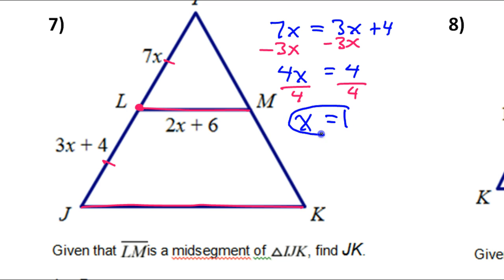So now that we know that x is equal to 1, we can take that and substitute it in. Okay, so that just makes this 2 times 1 plus 6. Alright, so that's going to be just 2 plus 6, so that's 8.